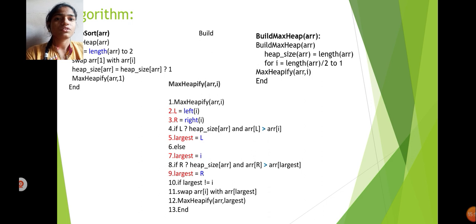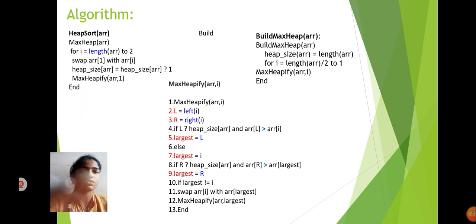So let's see the algorithm for this. As I said, this process contains two steps, that is heapifying it, deleting the root node, and swapping it with the last element of the array, right?